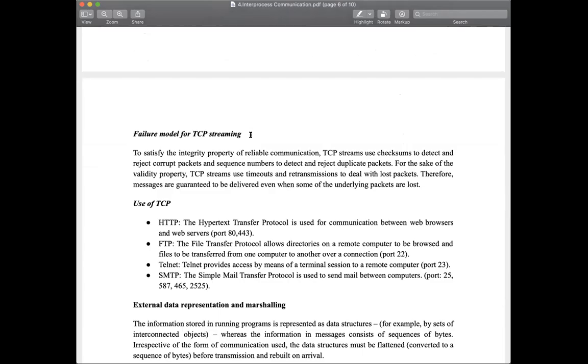So when you are looking at TCP, basically it uses a checksum. In a TCP stream, they use a checksum in order to ensure the integrity of the information, right? The message itself includes some metadata related to the integrity, and that's what we use as a checksum. So in TCP, they use the checksum to validate the content.